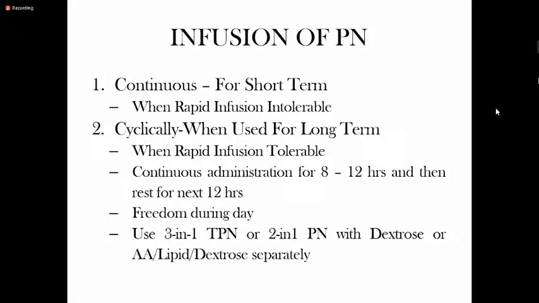We can use 3-in-1 total parenteral nutrition, or 2-in-1 with dextrose, amino acids, lipids, or dextrose given separately. So a 3-in-1 contains all the 3. A 2-in-1 contains either dextrose and amino acids, or dextrose and lipid.